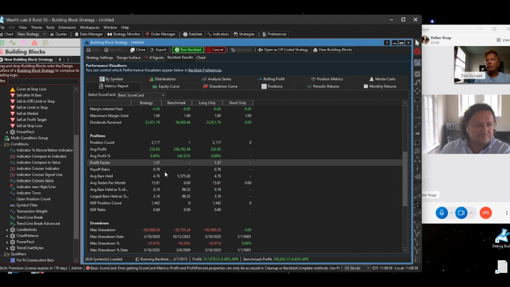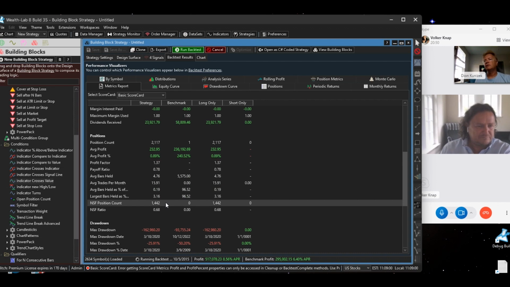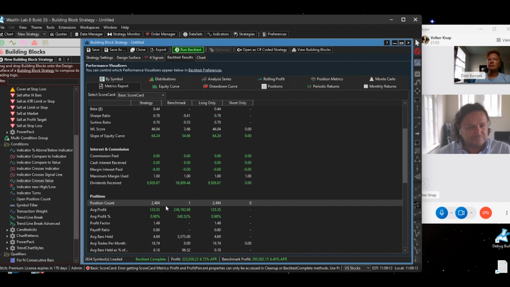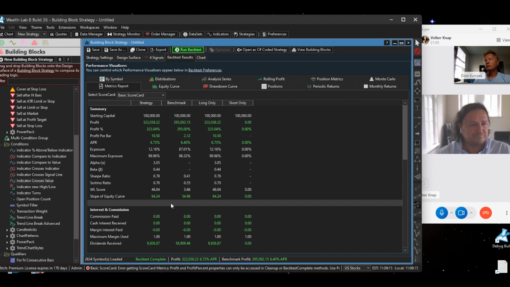So the number of missed trades before was about 1,400, and now with the reduced position size, we have about 1,000 missed trades. So it was able to get more of the trades, but still missing 1,000 of them.